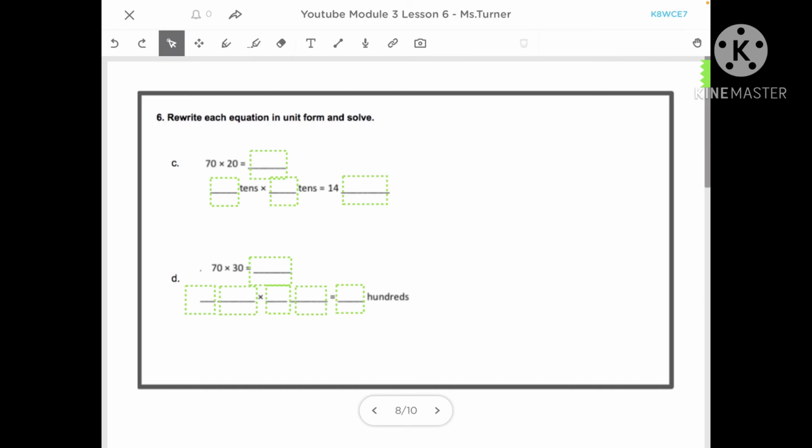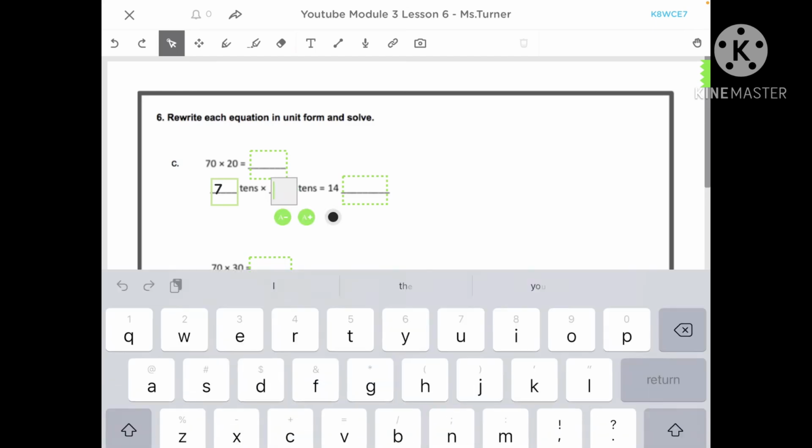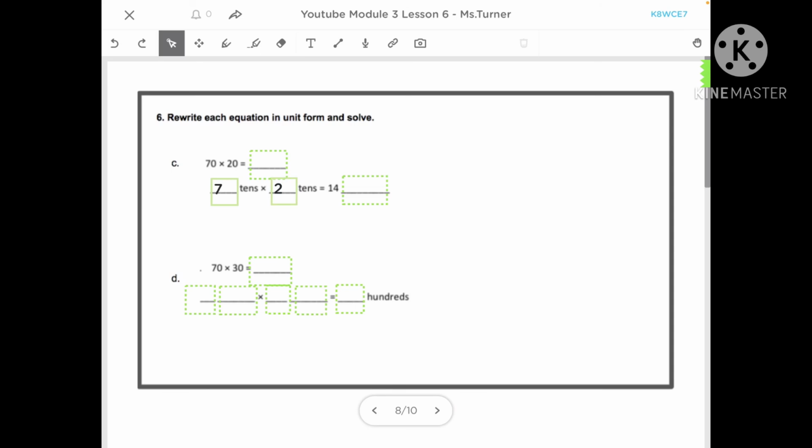What about this one? And this is going to be our last one. Let's rewrite this equation in unit form. 70 times 20. Same as before, we have blank tens times blank tens. What will go on my first blank? How many tens are in the number 70? Good, 7. And how many tens are in the number 20? Good, 2. So now I have 7 tens times 2 tens equals 14 tens?